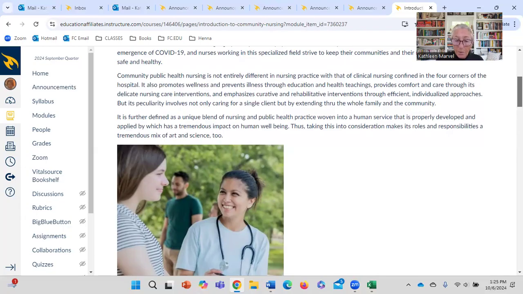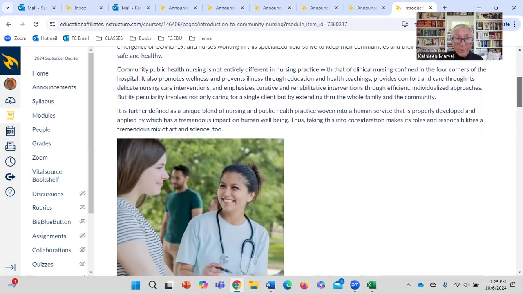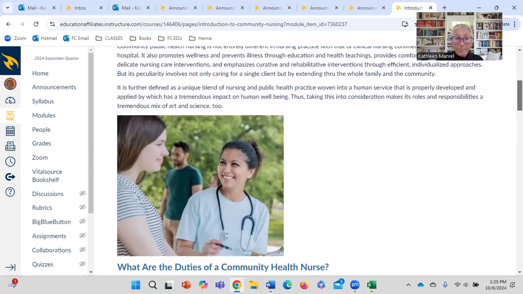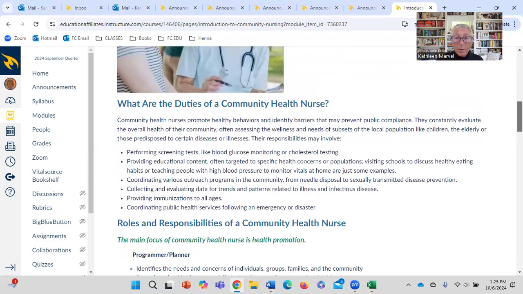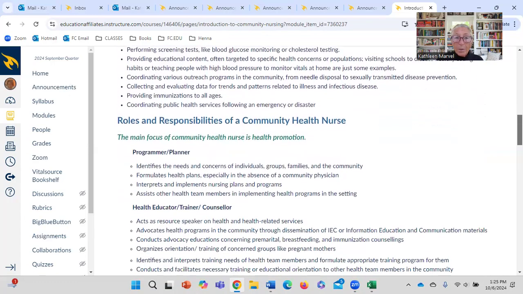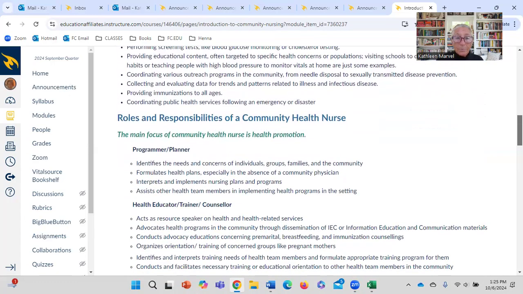Community-oriented nursing is focused on health promotion and health maintenance for the whole community. Community-based, you're based in the community and focused on individualized care. So have a look at this reading. It goes through what the duties of a community nurse are, the roles and responsibilities of a community nurse.